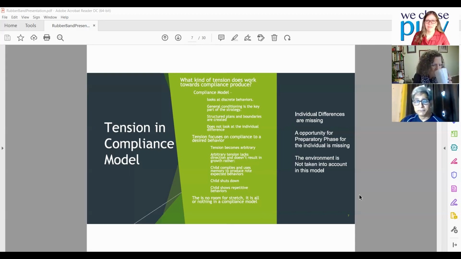Yes, the one very important piece which was striking my mind right now: in the compliance model, we do play a lot with the memory work. Now, if we continue to play with the memory, I mean, memory is like this. I used to have parents whose children have been going through a certain kind of training.